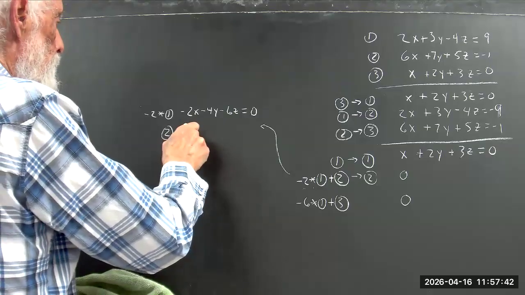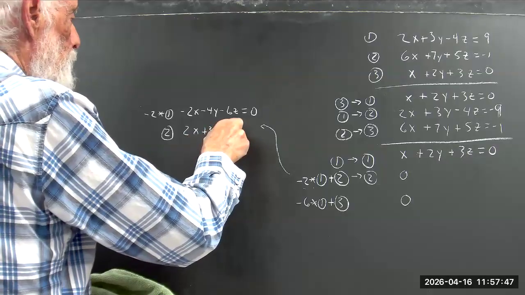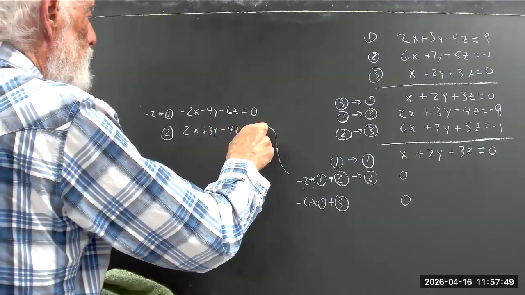Equation 2 is 2x plus 3y minus 4z equals -9.